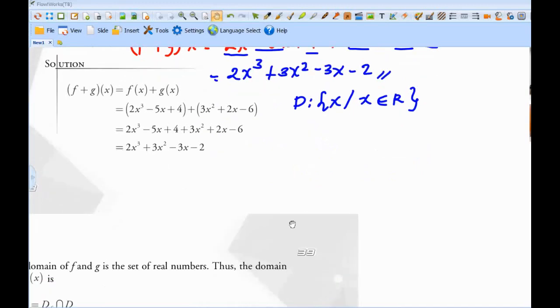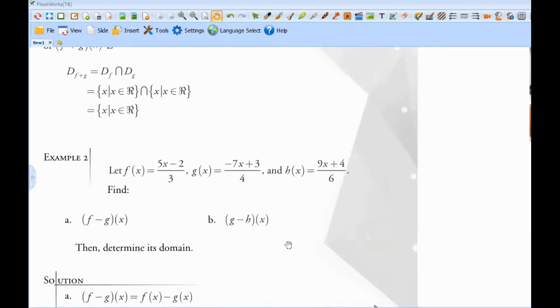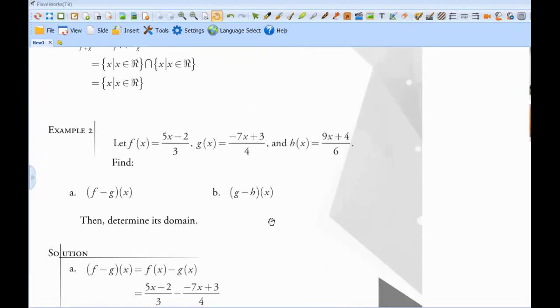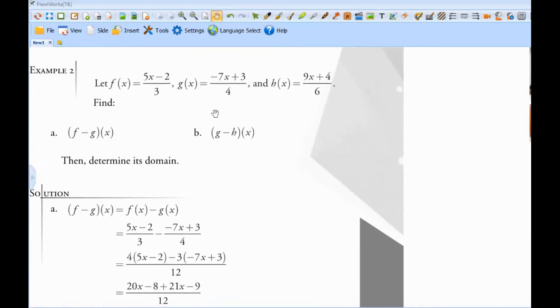So next, let's go with number 2. Find (f minus g)(x) and (g minus h)(x).